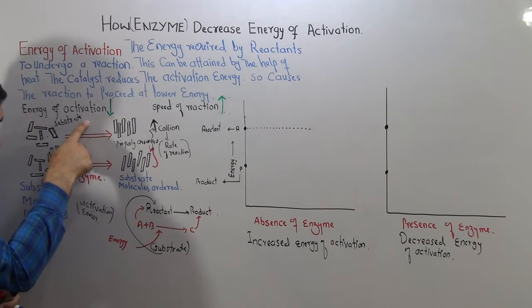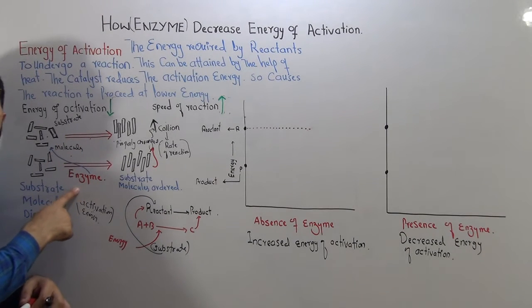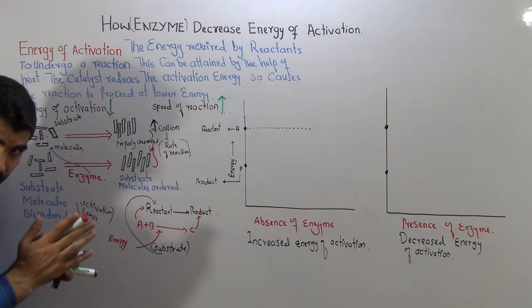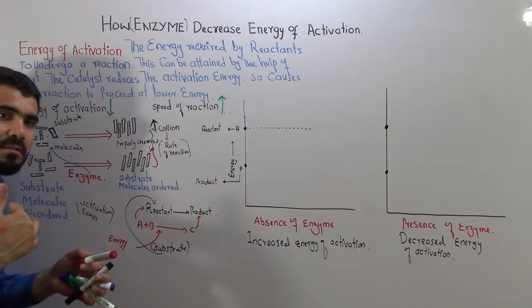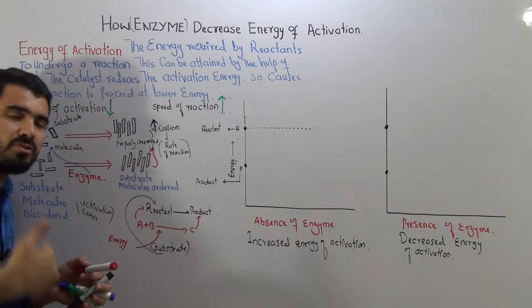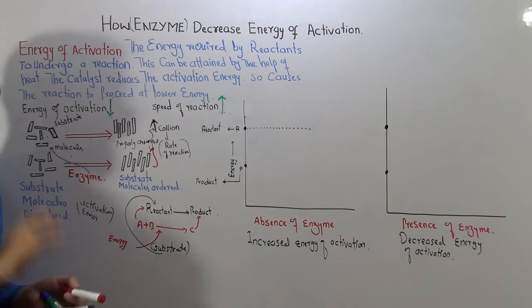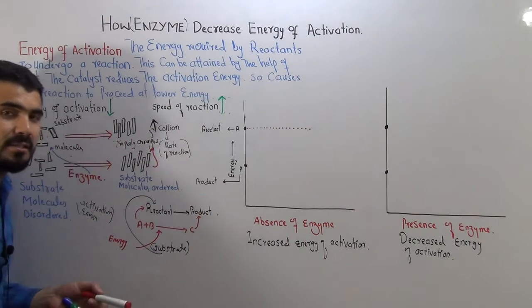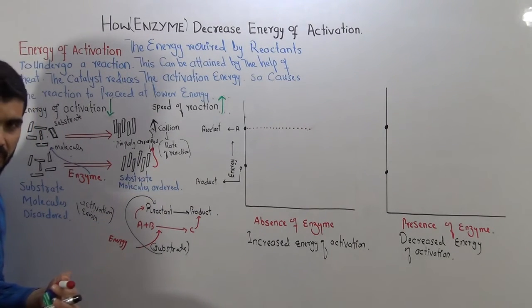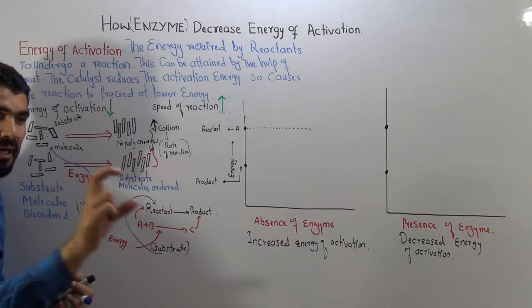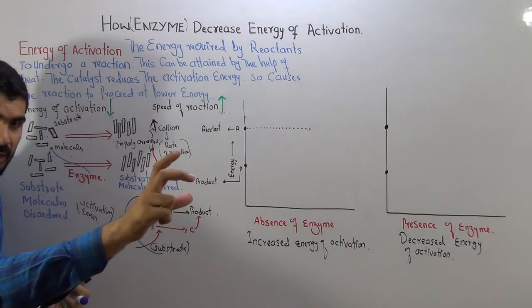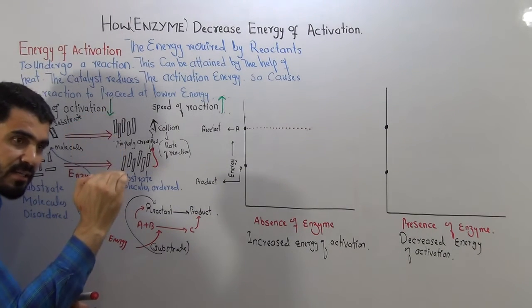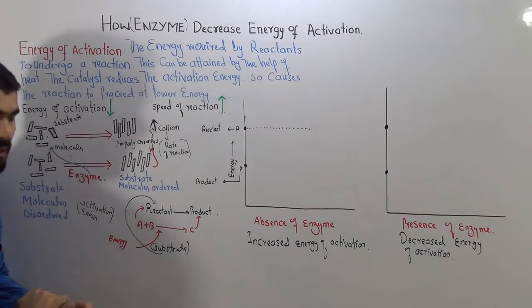Heat provides you the activation energy. Here, the enzyme will provide the energy of activation. But this is a little bit confusing: an enzyme is not providing energy of activation. The enzyme will decrease the already existing energy of activation. As I mentioned, every reaction requires some energy to start. If you add an enzyme, it will decrease that energy of activation. As a result, the speed of reaction will increase.